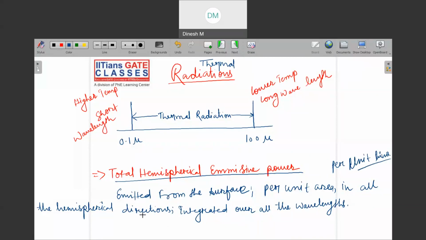So now what is my total hemispherical power? Denoted by E, this is equal to the energy in joules emitted per unit area, per unit time. So joule per second is nothing but watts. So watts per meter square.